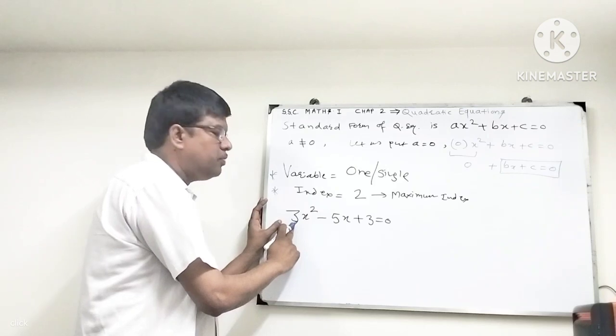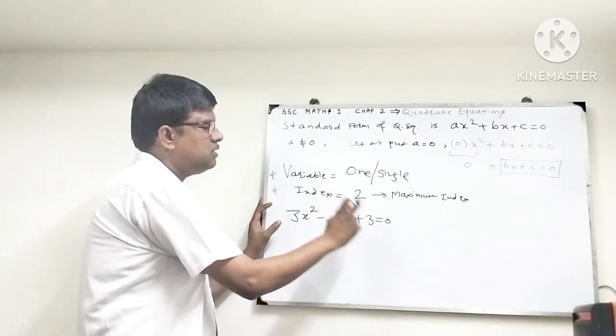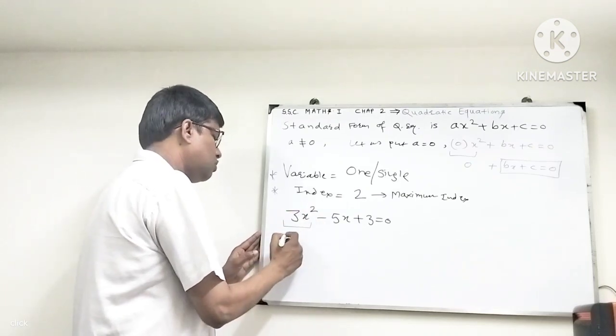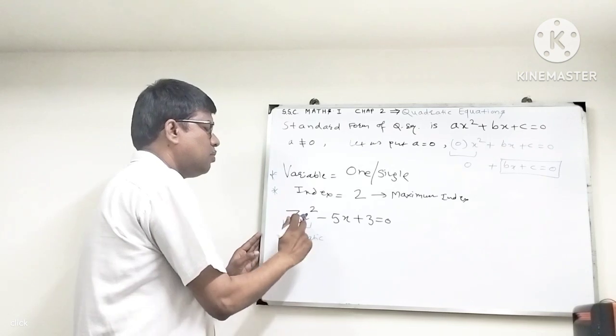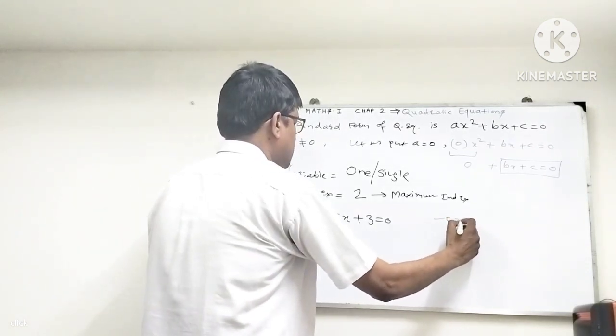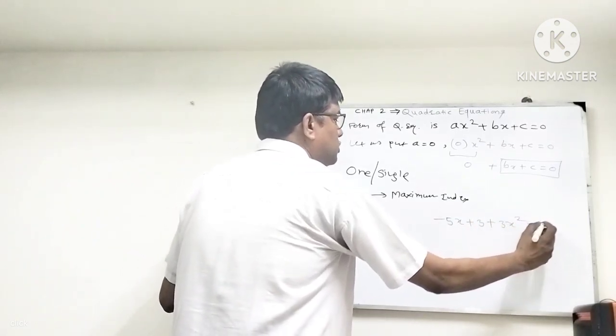3 is called coefficient. Minus 5 is also coefficient. Plus 3 is called the constant. Always this is known as a quadratic term. Don't say that it is the first term, because I may write this equation like this: minus 5x plus 3 plus 3x square equal to 0.